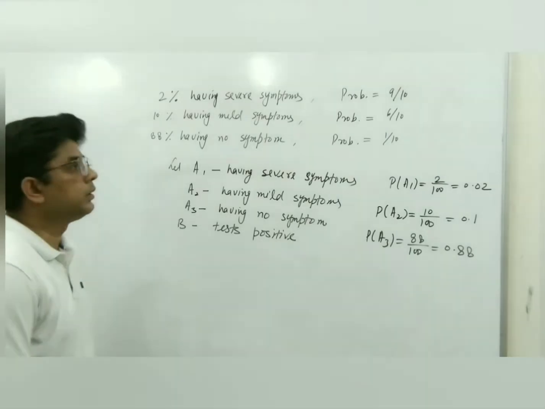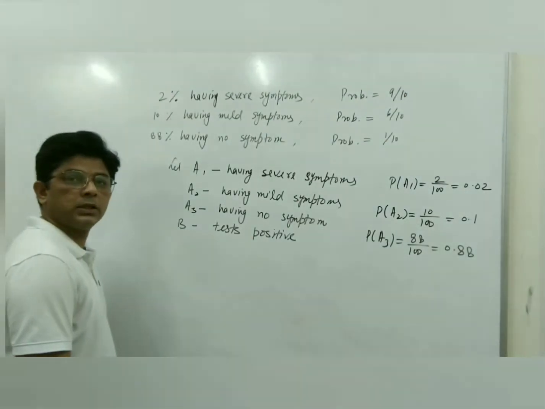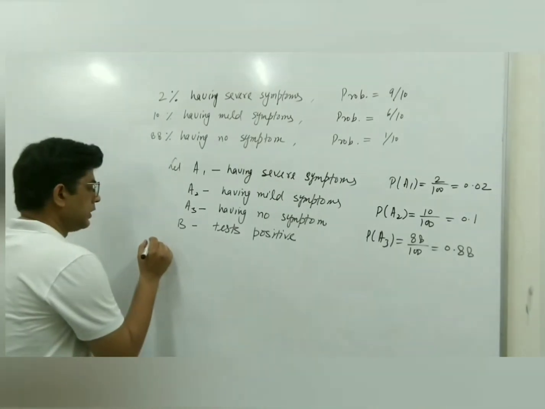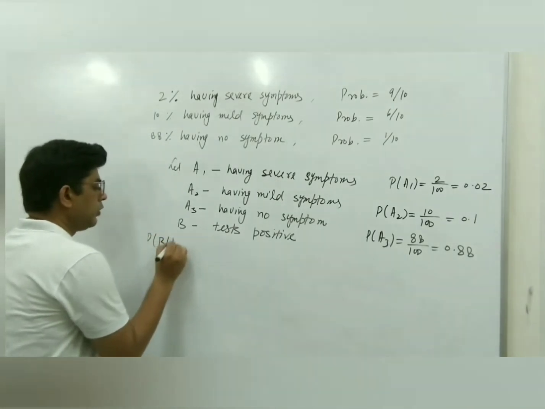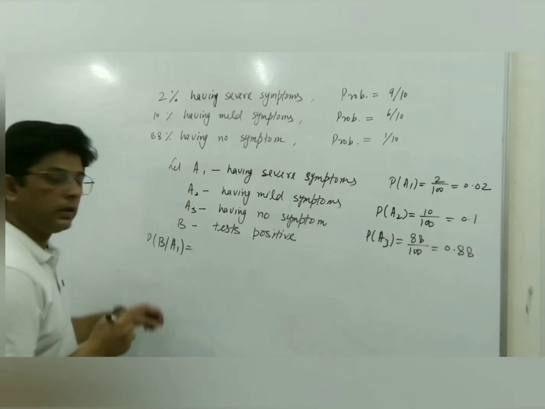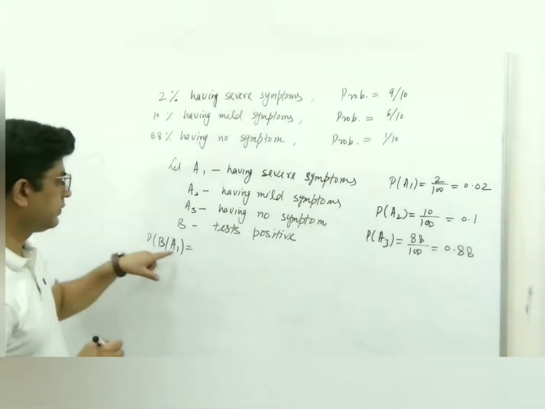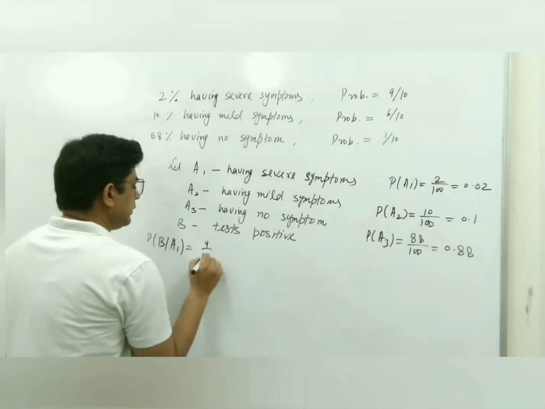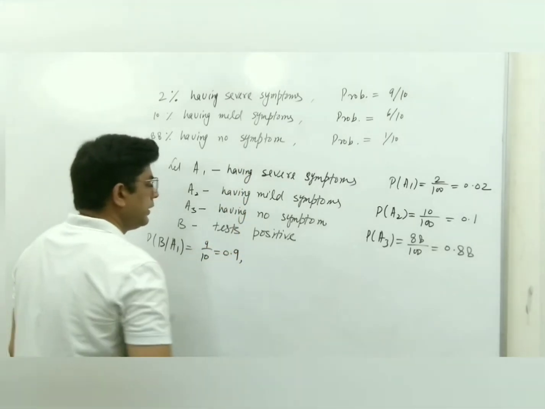Now it is given that the probability of a person testing positive when he has severe symptoms is 9/10. So this will be P(B/A1), the probability that a person tests positive when he has severe symptoms. This is given as 9/10, that is 0.9.